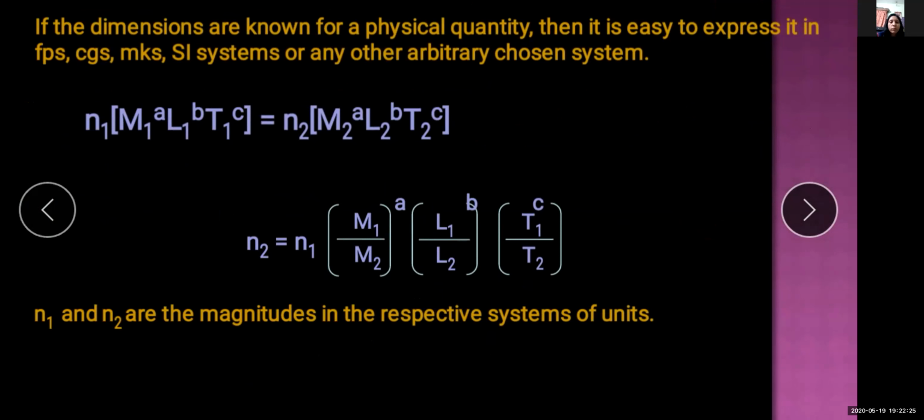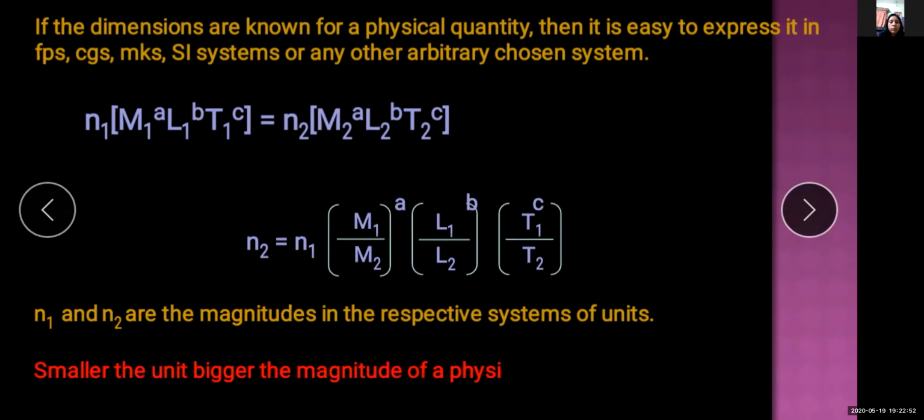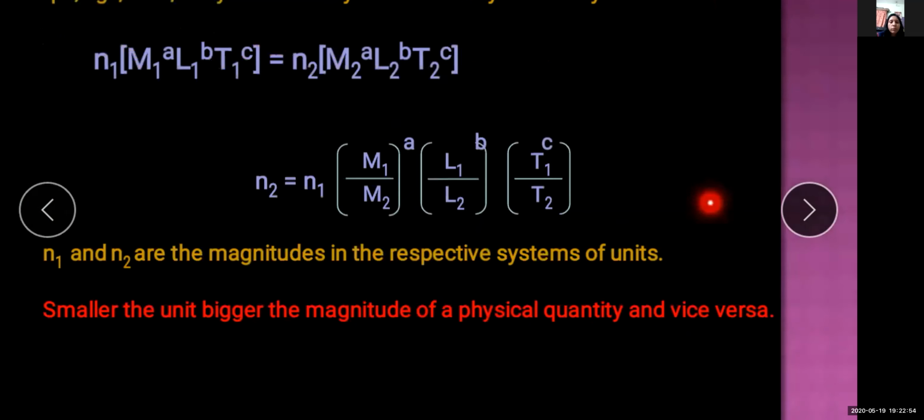Suppose n1 is in the SI system, and you have to convert it into the CGS system. So n2 is given by n1 [M1/M2]^a [L1/L2]^b [T1/T2]^c, where n1 and n2 are the magnitudes in the respective systems.